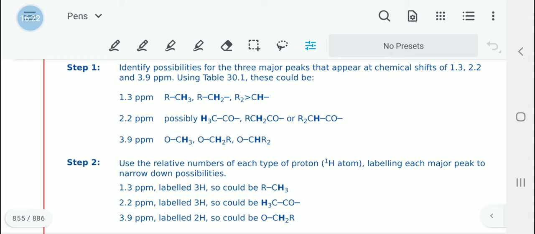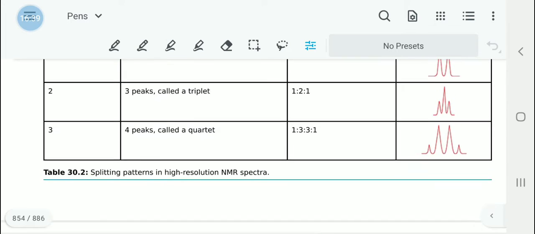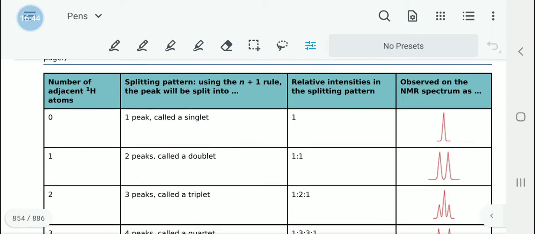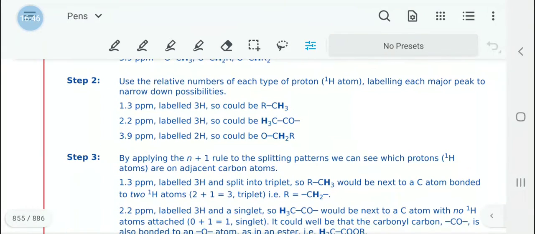Then we use the relative numbers of each type of proton and label each major peak to narrow down the possibilities. So 1.3 ppm is marked as 3H, the 2.2 ppm is labeled 3H, and 3.9 is marked as 2H.